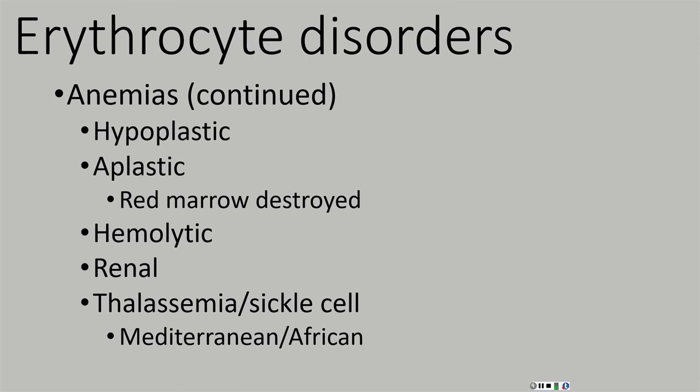In sickle cell anemia, the red blood cells are hooked like a sickle, and they can't adequately carry oxygen. Especially in sickle cell anemia, not only can they not carry oxygen as well, they have a hard time bending and squeezing to get through the very small capillaries. So it can be very, very painful to someone with sickle cell.